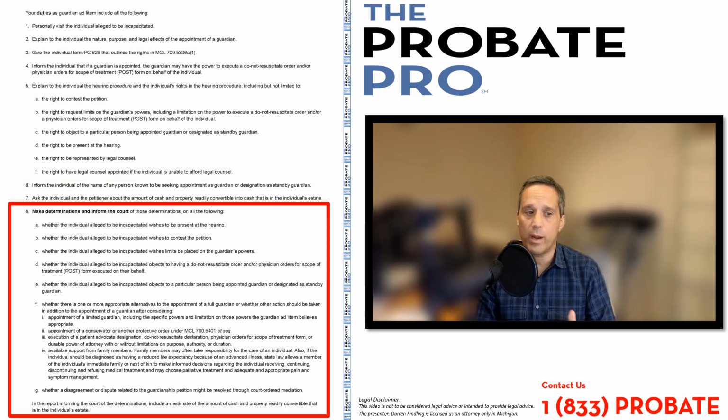As we make our way to paragraph 8, it talks about the determinations that are going to be informing the court. These are all the things that are statutorily required, whether they wish to be present, contest, etc., as it relates to limitations of guardianship powers, as well as alternatives to establishing guardianship.